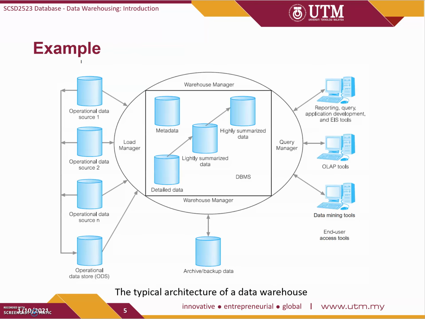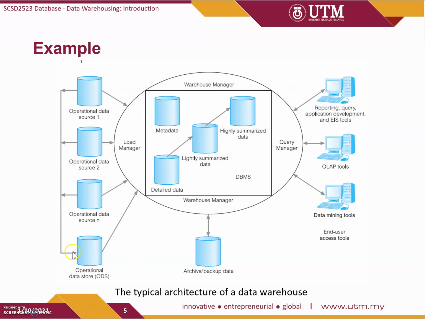This is the typical architecture of your data warehouse. On the left side, you can see the operational data source. This is where the data is coming from. It can be from the internet, or from commercial database sources, and this will be injected into your warehouse manager, load manager, or query manager.